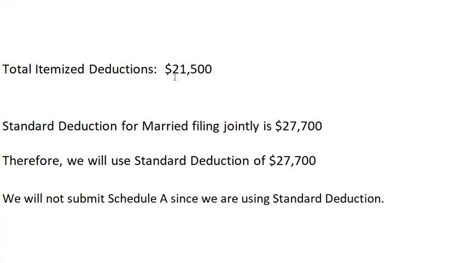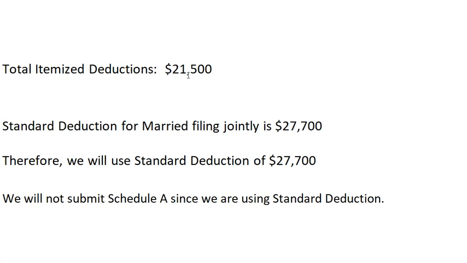So total itemized deductions is 21,500, but recall that their standard deduction for married filing jointly is 27,700. So this amount we consider as way less than the 27,700. And so therefore we will use the 27,700 and we will not use Schedule A. And so this 21,500, we cannot use it.